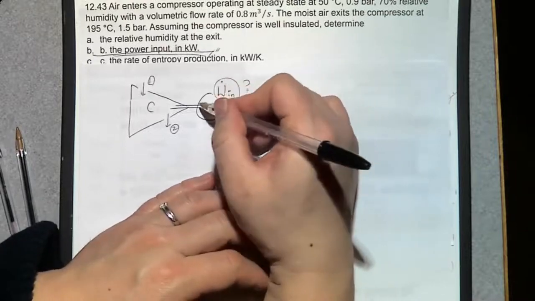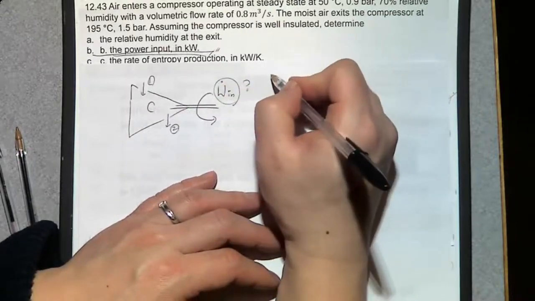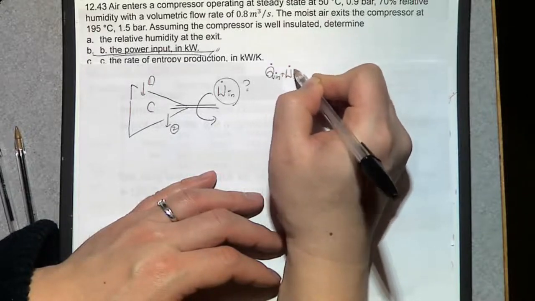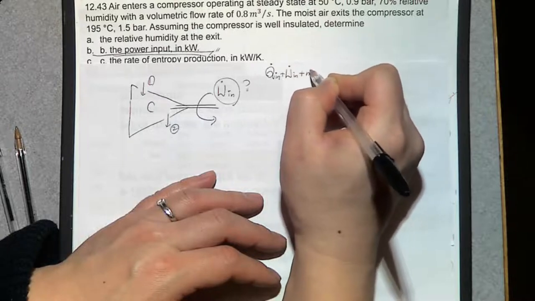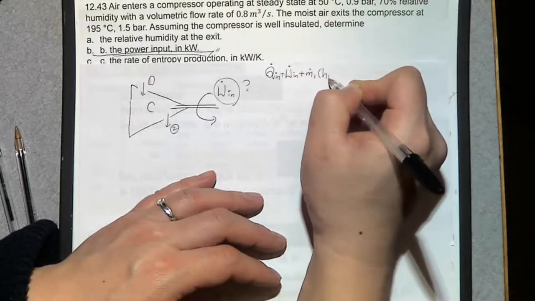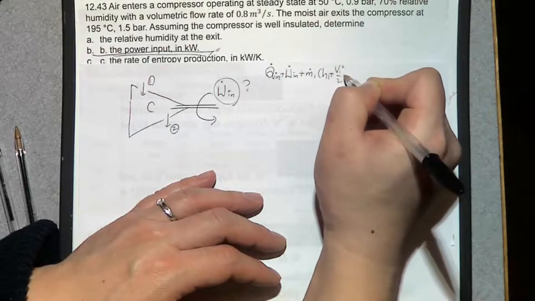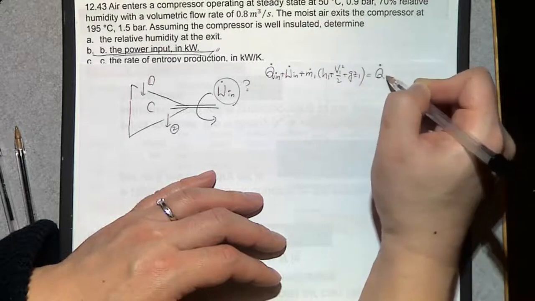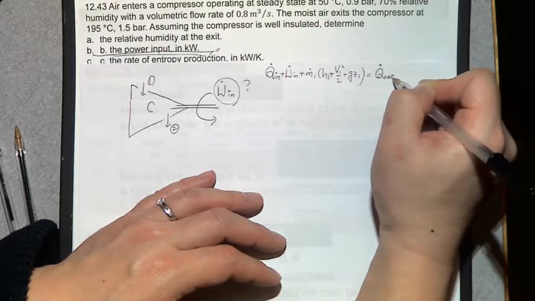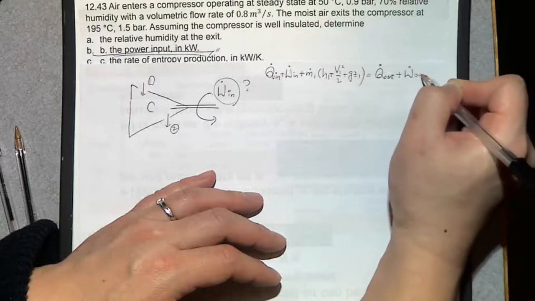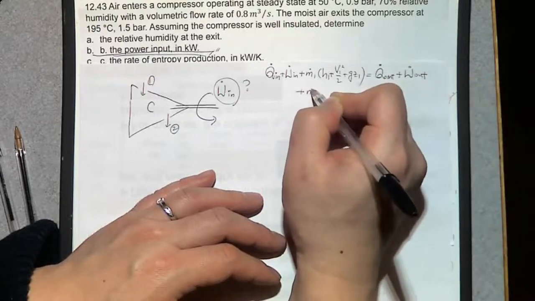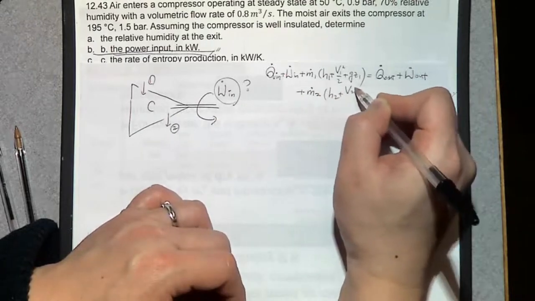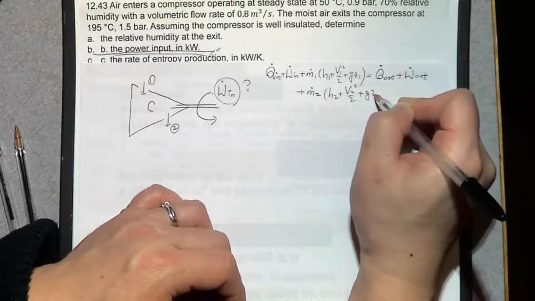If you're not sure what the energy balance equation for a compressor is, you can start with the general energy balance equation, which is Q in plus W in plus m dot at the inlet, which has enthalpy, kinetic energy, and potential energy, equal to heat transfer out of the system plus work transfer from the system plus mass transfer at the exit number 2, which has enthalpy, kinetic energy, and potential energy.